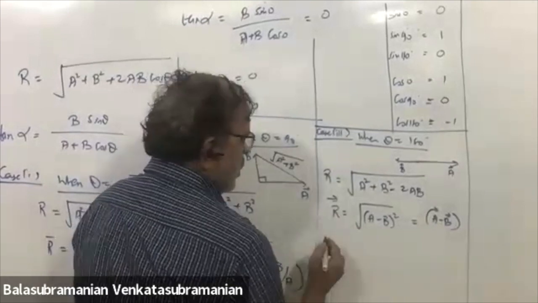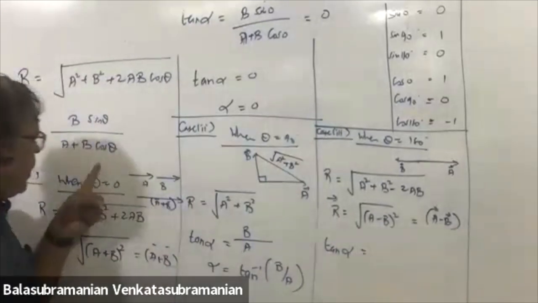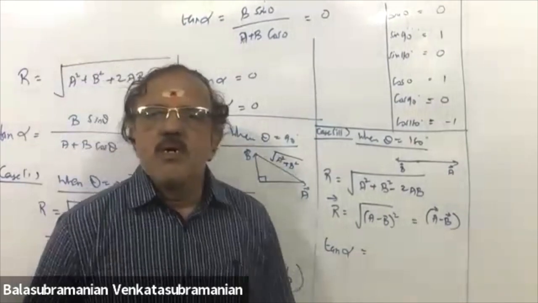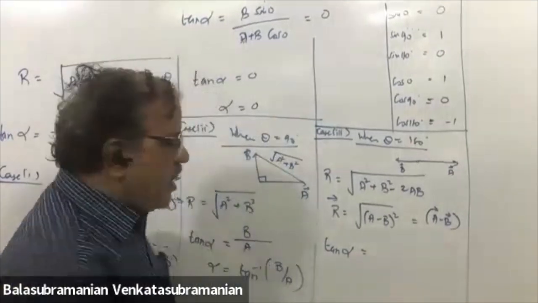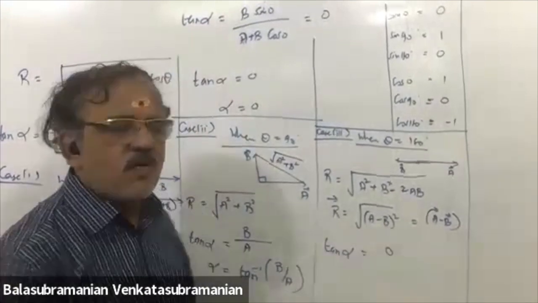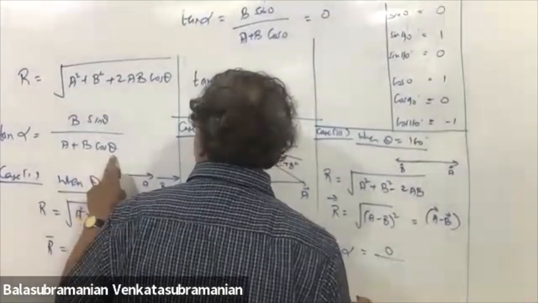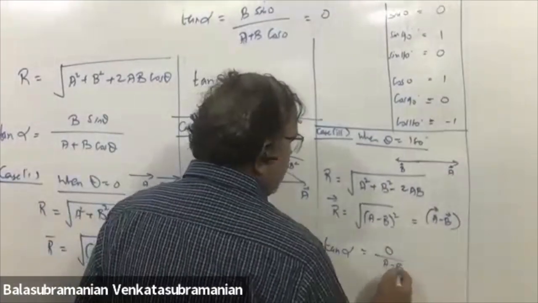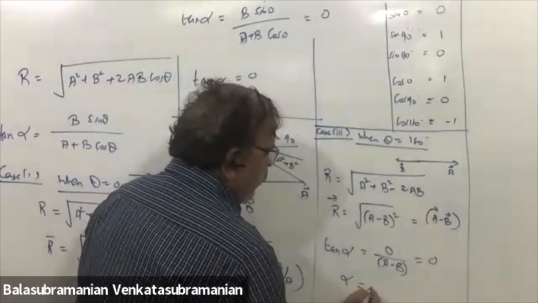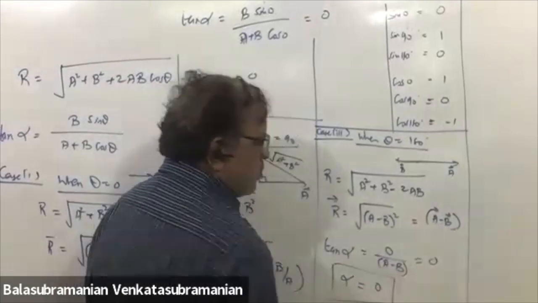Next, tan alpha is B sin theta by A plus B cos theta. B sin 180, sin 180 is 0. So the denominator, anything, we need not worry. A plus B cos 180, you will get A minus B, but that is nothing but 0. Alpha is tan of something, that is tan 0 is 0.